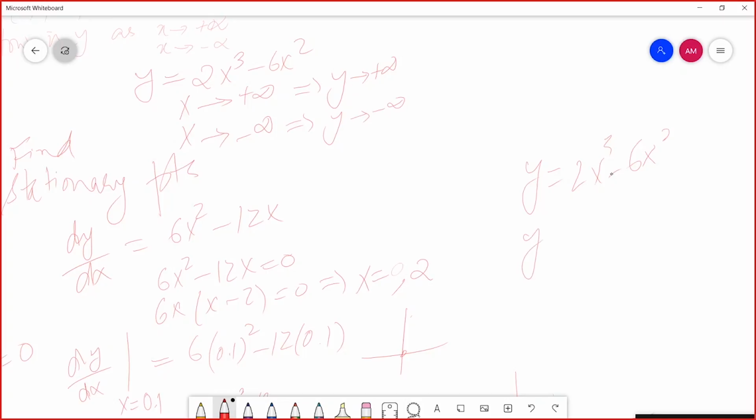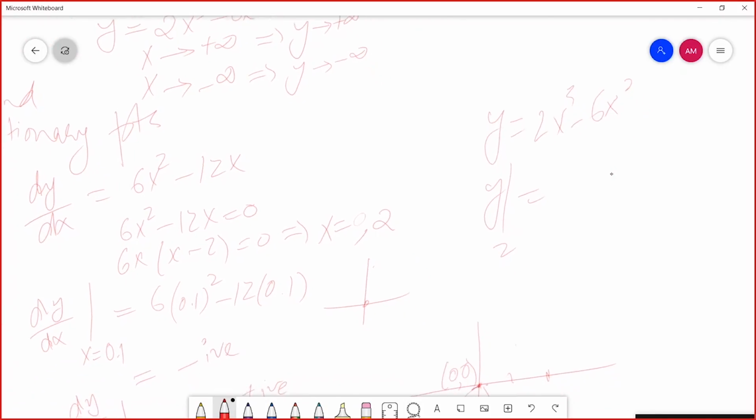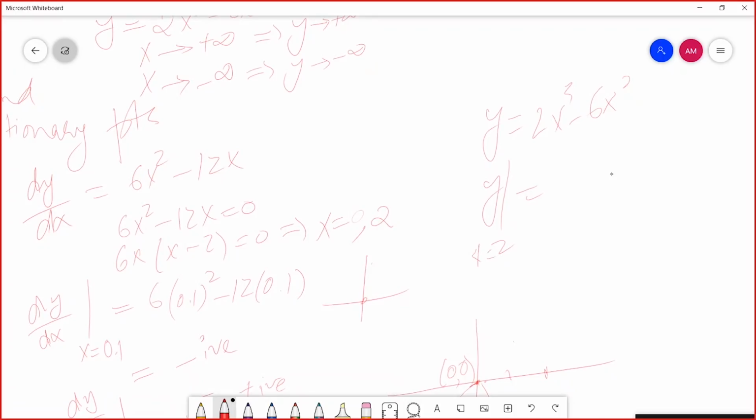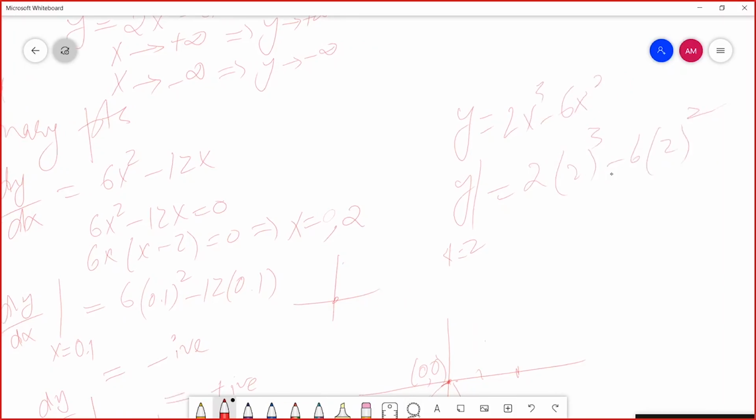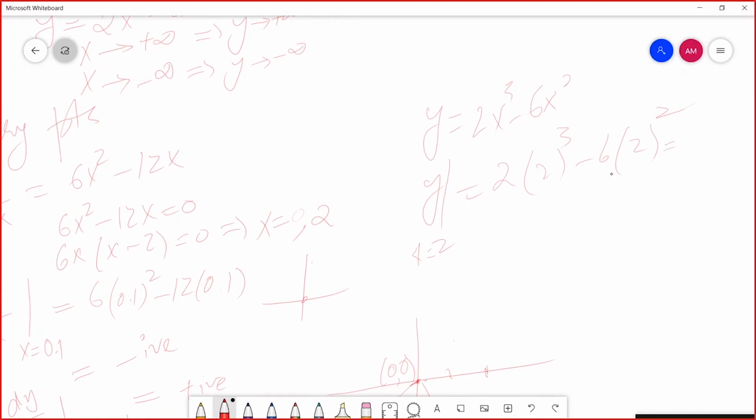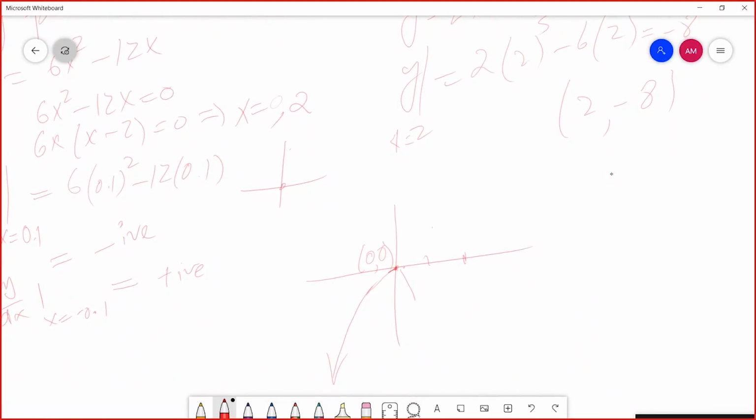Now what is y at x is equal to 2? 2 times 2 cubed minus 6 times 2 squared: 16 minus 24, which is negative 8. So the second stationary point is 2 comma minus 8. It would be somewhere here.